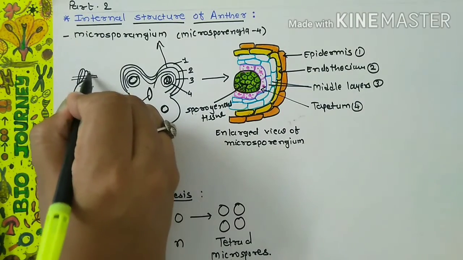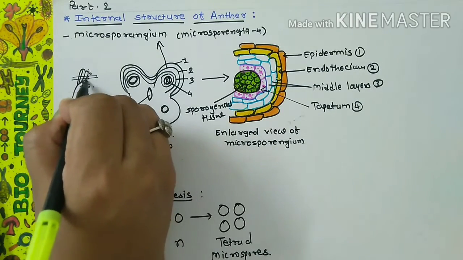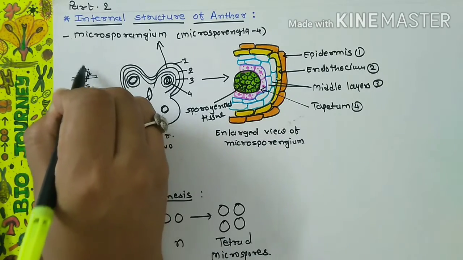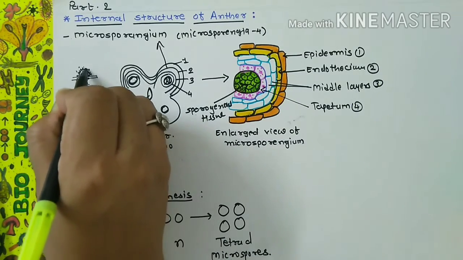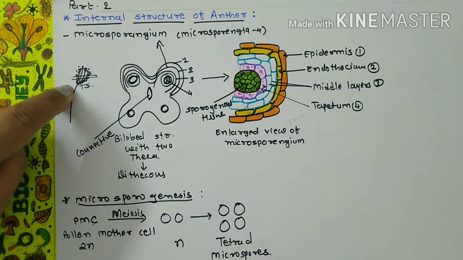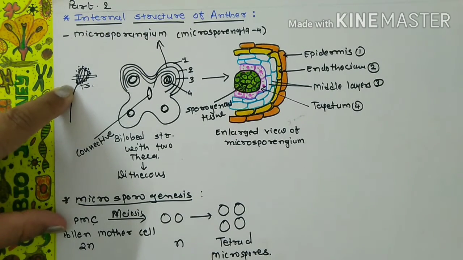In a flower you can sometimes see the yellow powdery material coming out, that is the mature pollen grain, representative of the male gametophyte.